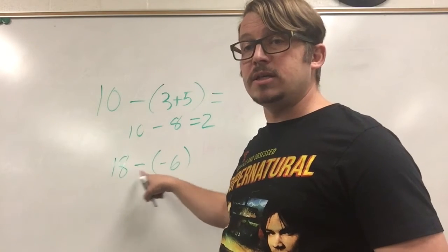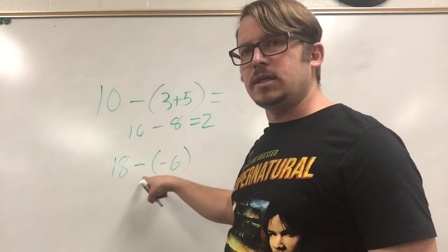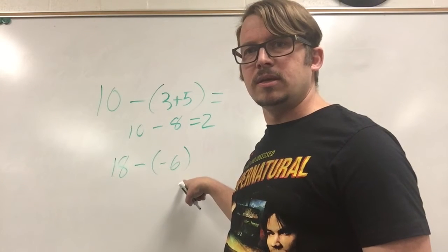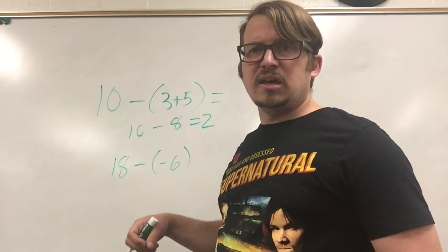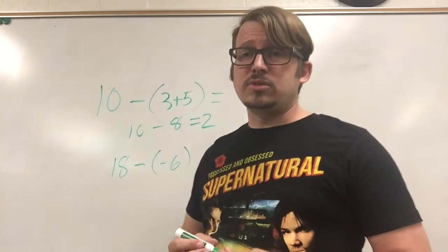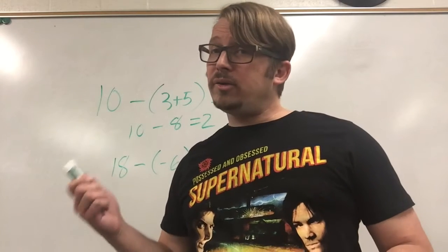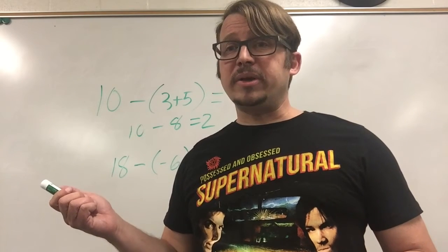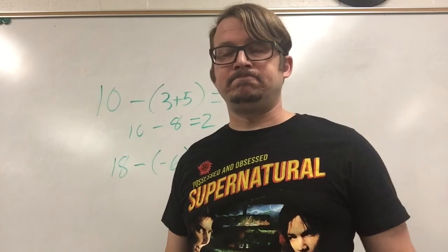If I said 18 minus 6 with a negative and no parentheses, that wouldn't work, because that is doing 2 operations at once. And that'd be like if your surgeon was trying to remove your appendix while doing a kidney transplant on somebody else. That's a bad idea.